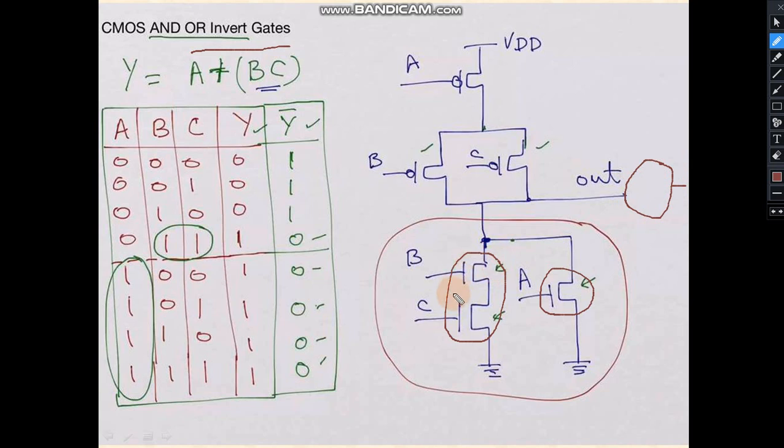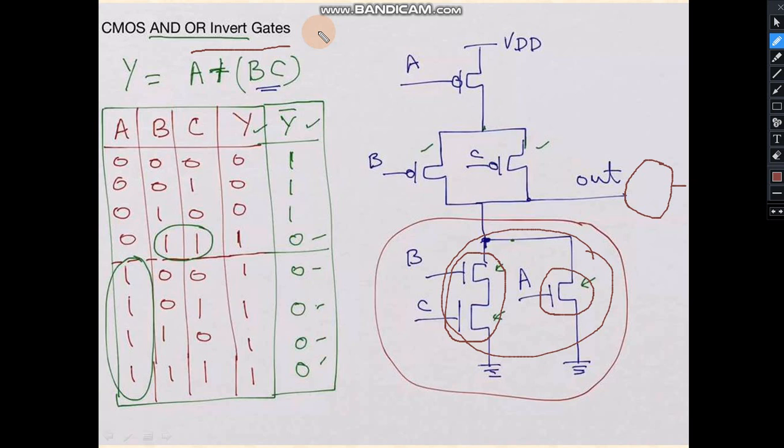So this is AND, this complete part is OR, and this is the inverter. That's why it is called an AND OR Invert gate circuit.